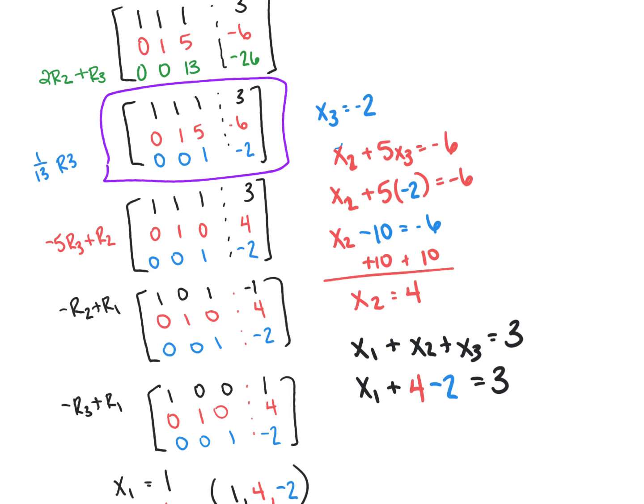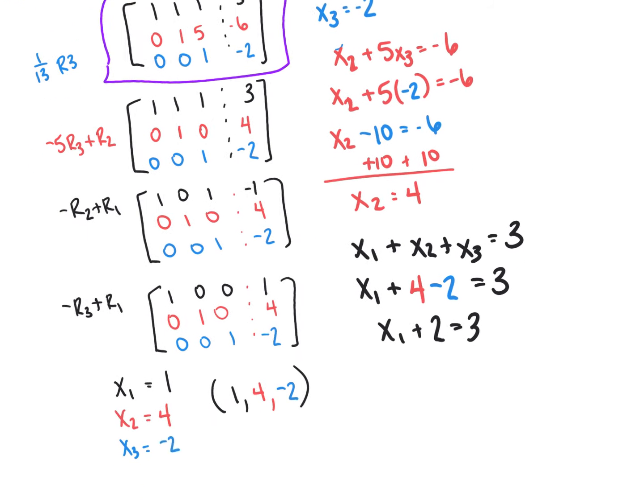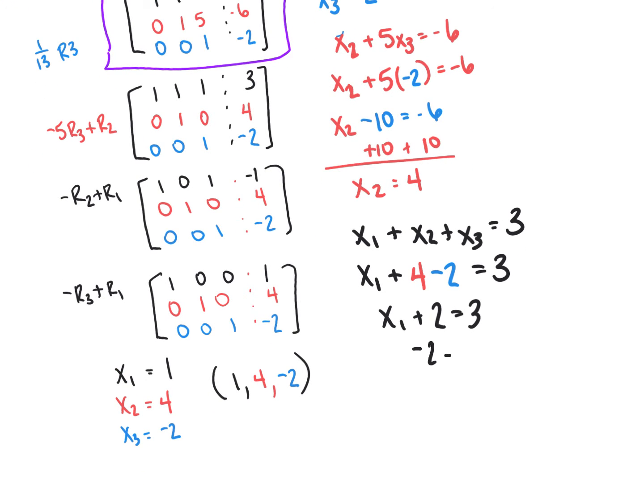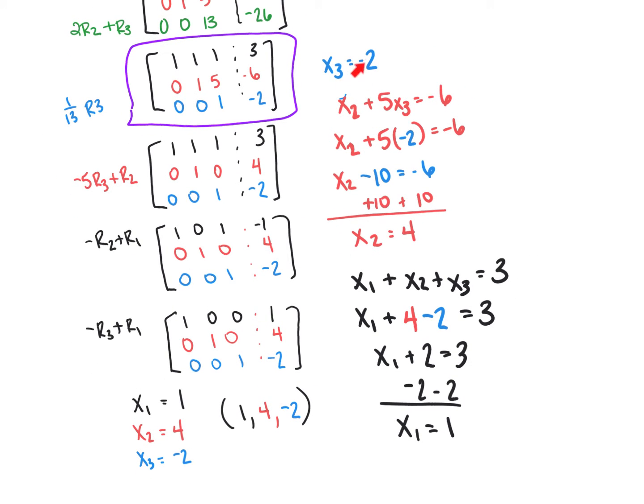So what's 4 minus 2? So this is x1 plus 2 is equal to 3. How do I solve for x1? Subtract 2. So I get x1 equal to what? And look at my solutions. There they go. They are 1, 4, and negative 2.